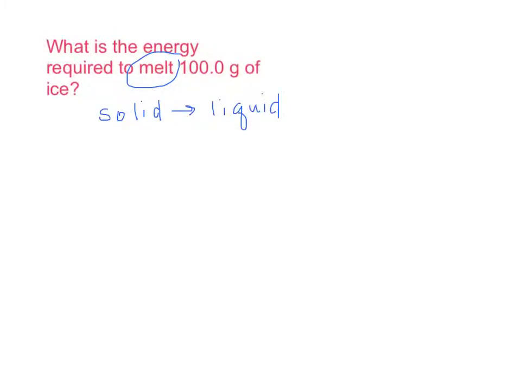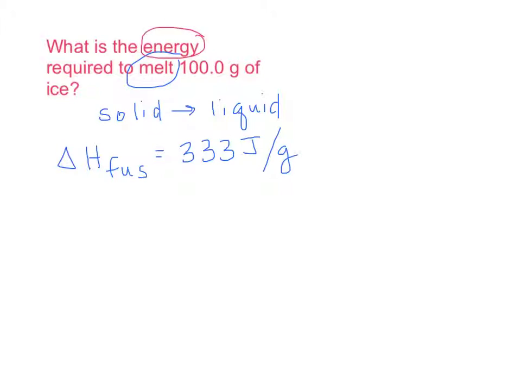So let's find that region or that value that we use to just go from a solid to a liquid, and hopefully you've identified that in your notes as the heat of fusion, delta H FUS, which is equal to 333 joules per gram. So we want the energy.